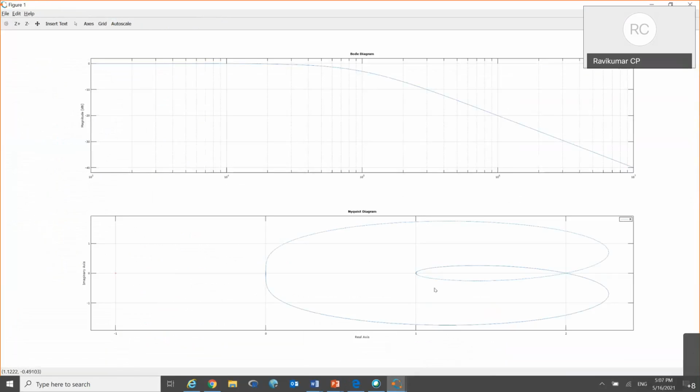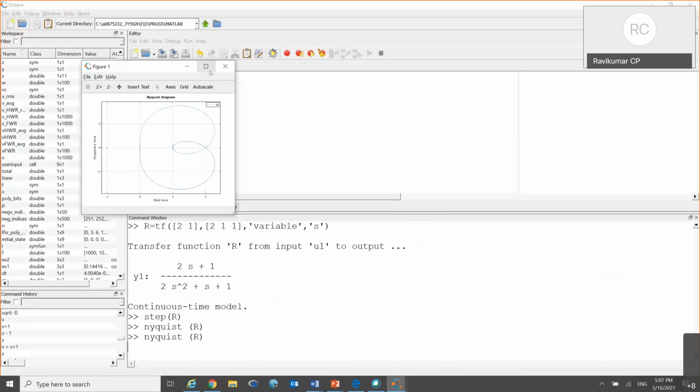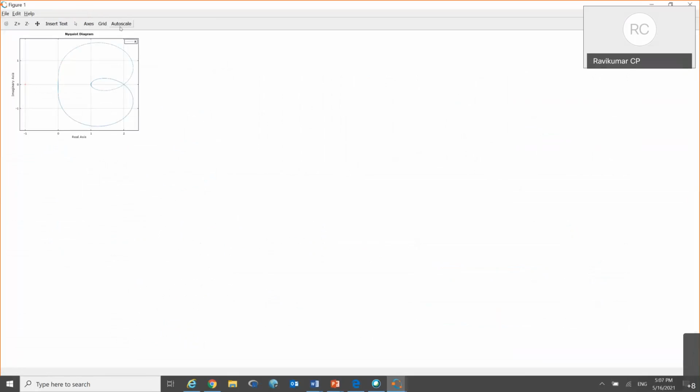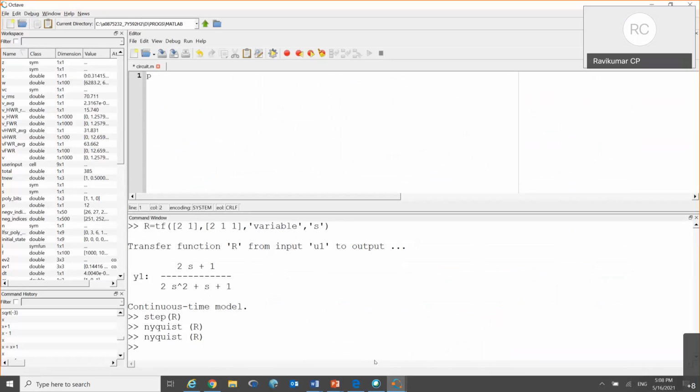So these are very useful. Yeah, so this is a Nyquist diagram. In the same way, there are a few other ones, like signal.